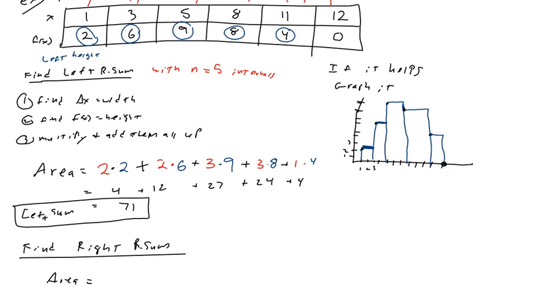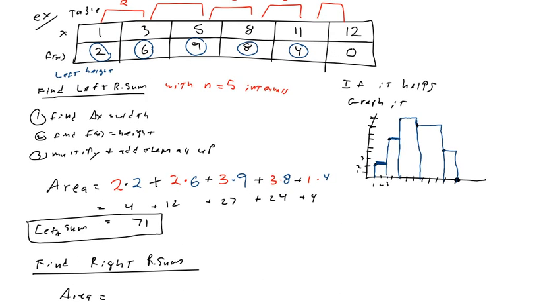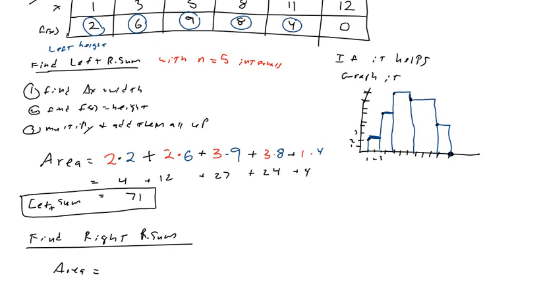So for the first rectangle here, we have a width of 2, same as before, times a height this time of 6 for the right sum, right height of 6.